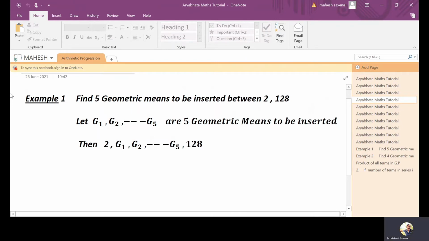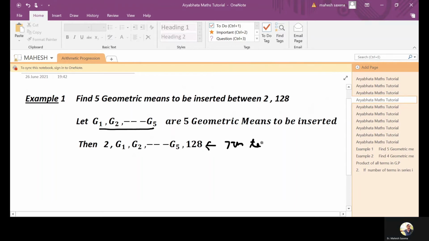Now we take the first example. Suppose 5 geometric means are to be inserted between 2 and 128. Let G1, G2 to G5 be the 5 geometric means to be inserted. Then 2, G1, G2 up to G5, and 128. Since 5 geometric means are inserted between 2 and 128, 128 will be the 7th term of the series.